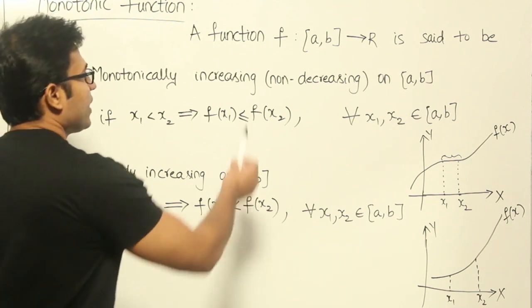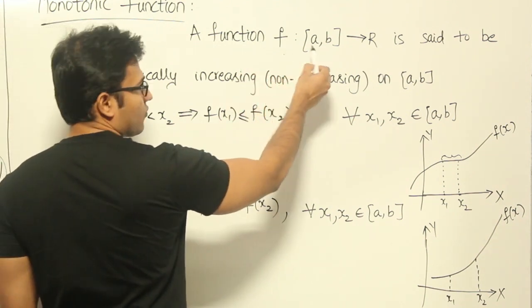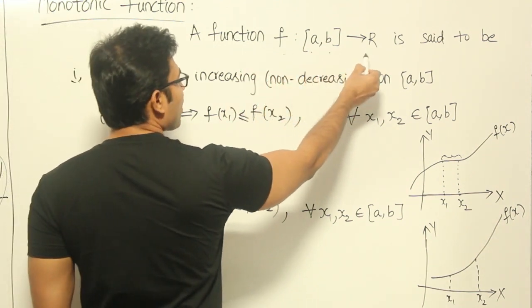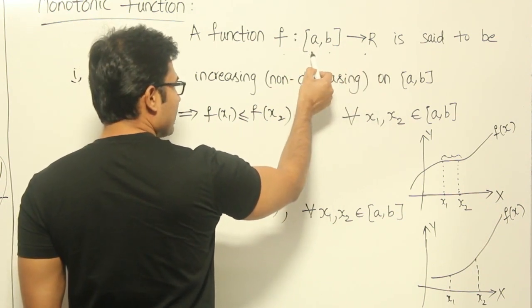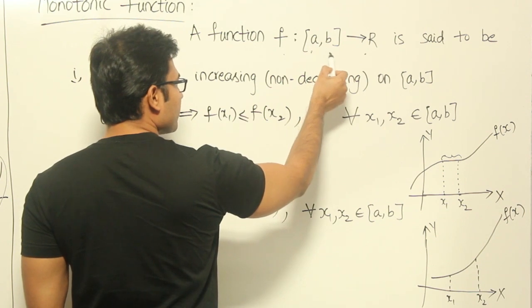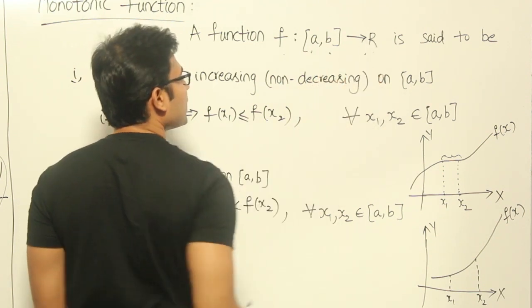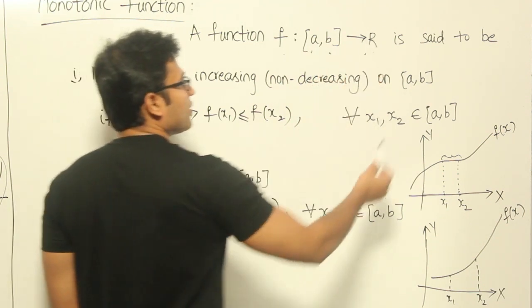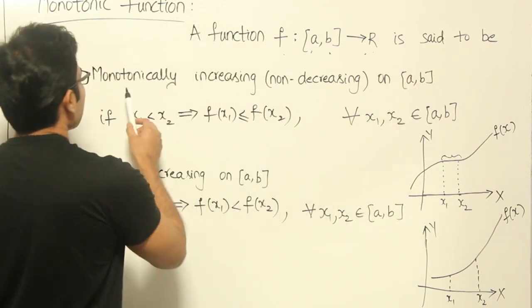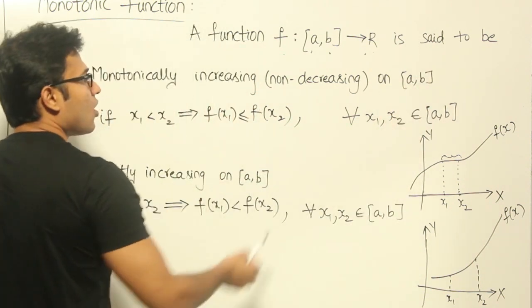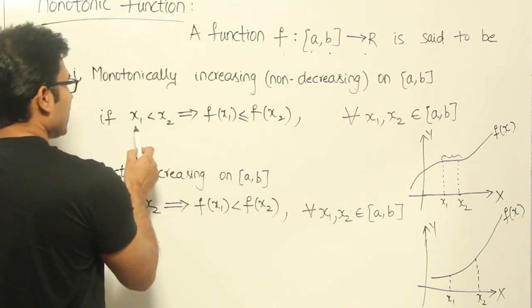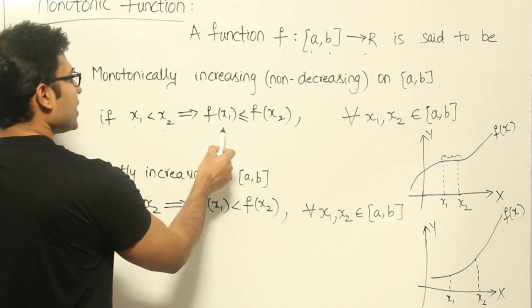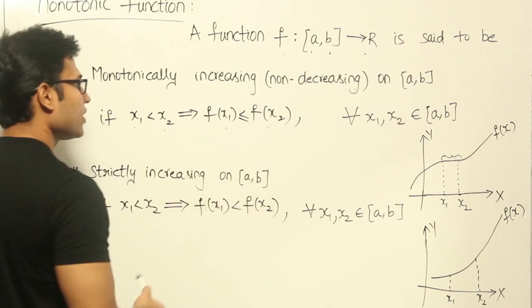See this, a function f from a to b to r. So f is a function which is taking values in the range a to b, and it is giving real numbers as the output, right? It is said to be monotonically increasing or non-decreasing on a comma b if x is less than y implies f of x is less than or equal to f of y.